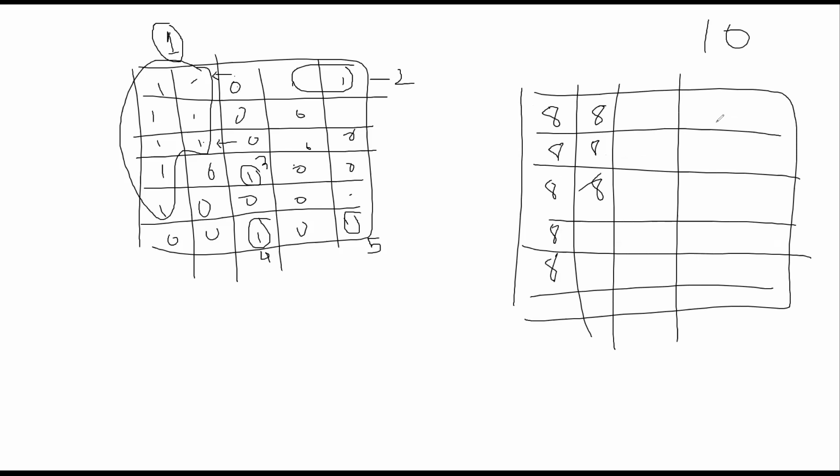In this way, for every discrete island we can store its size initially. But there can be another island which also has size 8. Yeah, that's not a problem. What I'm saying is, suppose the size of island 2 is also 8.